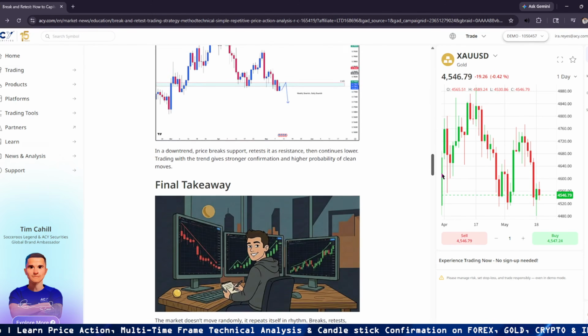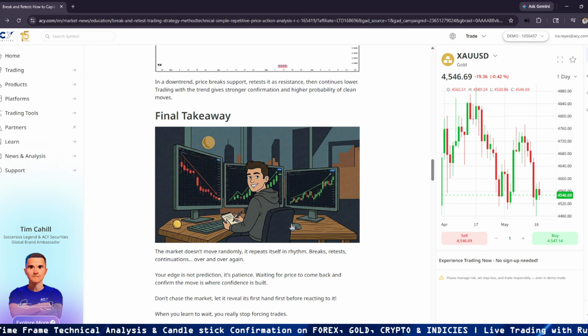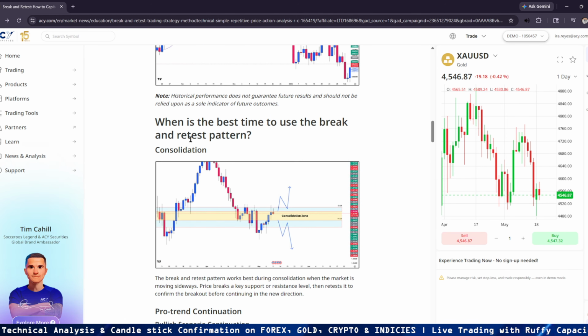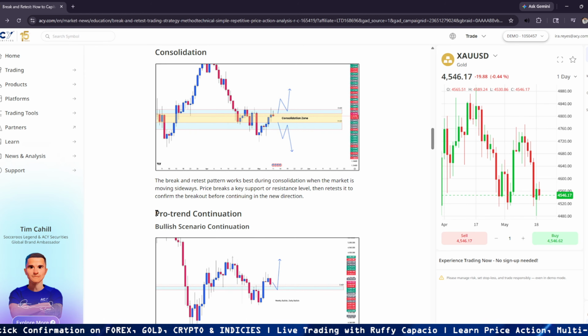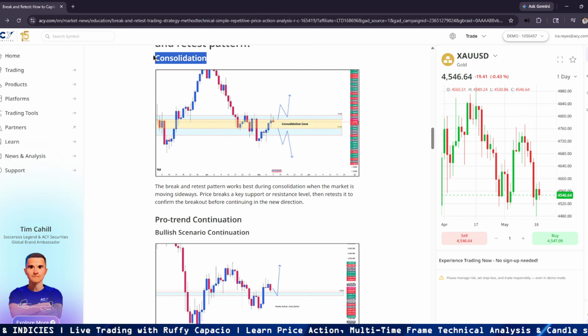As you can see here, also the examples that I've shared for the previous price action on gold for the break and retest, I call that a pro trend continuation. For that previous price action example, break and retest is also good to use at that exact price action. But today on gold, price is showing us a consolidation or potential consolidation in its current price action.